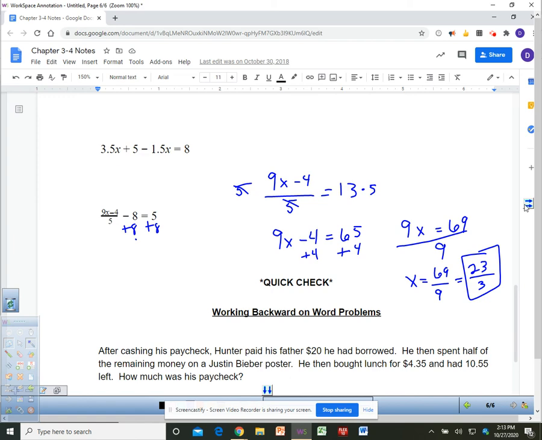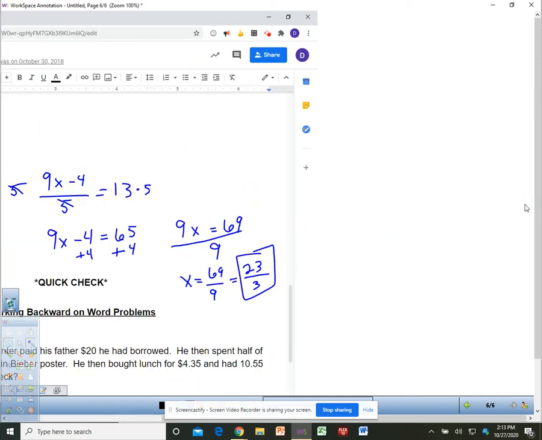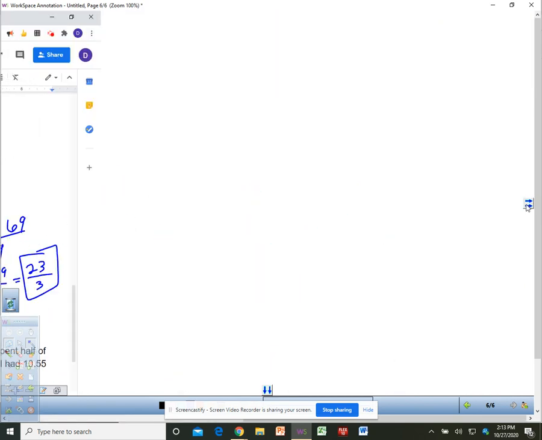Okay. Try another one like that. Let's go 4x minus 2 over 3 plus 6 equals 10. So the first thing we got to do is get rid of this because we don't want that in there because it's just adding on to our equation. So 4x minus 2 divided by 3 equals 4.